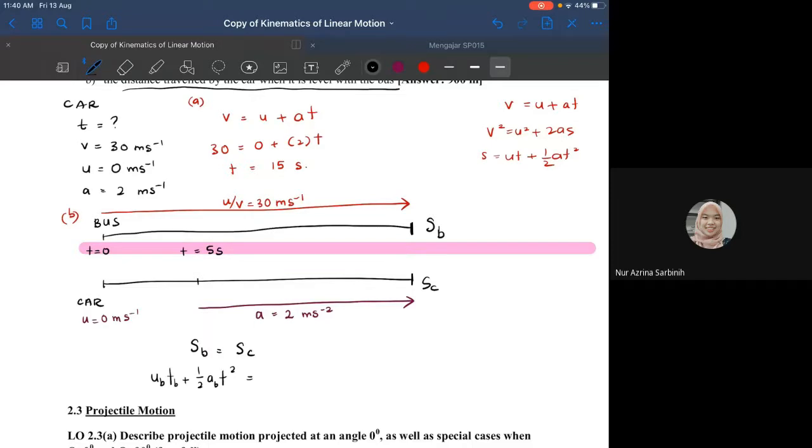Okay, this one pun sama UC TC plus half AC T square. Okay, notice that. Okay, cuba kamu salin dulu.